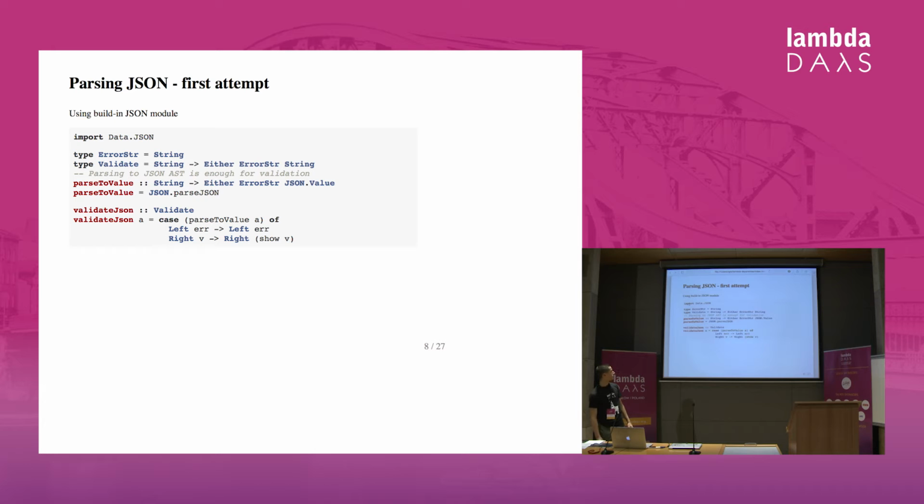I import this data.json module with the functionality I need. I make type aliases because I would like to see that I use this string as an error message, and validate is a type alias which takes a string containing JSON or malformed JSON, and it returns either type, which usually can have value left and right.